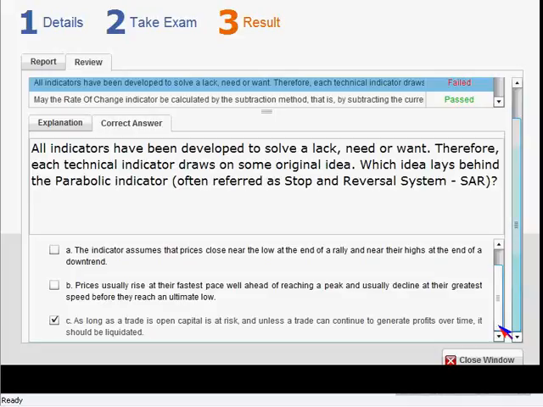Because the observation was that unless a trade can continue to generate profits over time, it should be liquidated. So I need something that liquidates the position if it starts to print a movement against my profits.